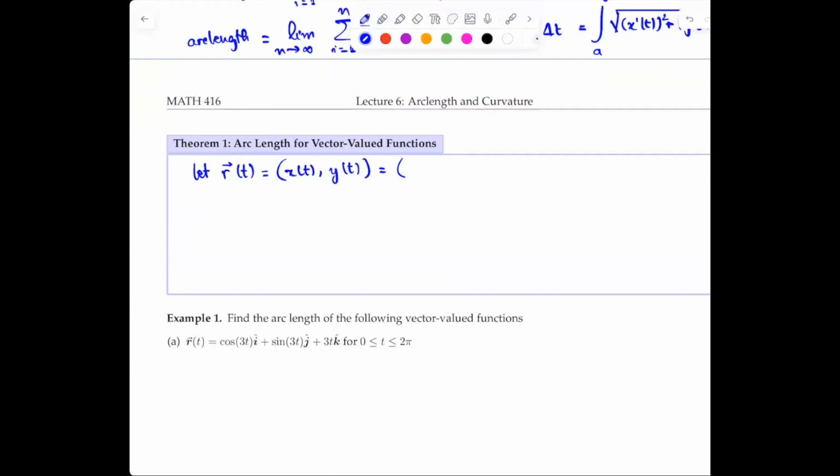Or usually what we do is we have f of t and g of t, where f of t and g of t are real value functions, and t is the parameter between a and b.